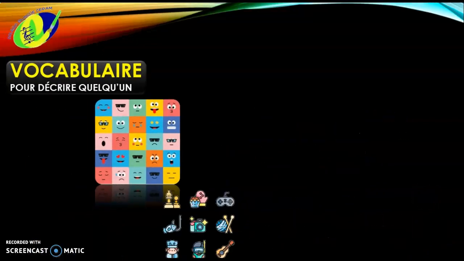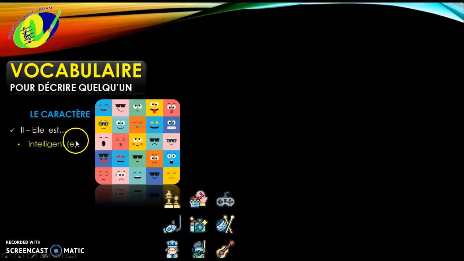And we have the description of le caractère, the personality, and you can say il est or elle est, masculine, feminine. Il est intelligent, elle est intelligente, adding an e at the end. Il est sympathique or elle est sympathique, the same for both.